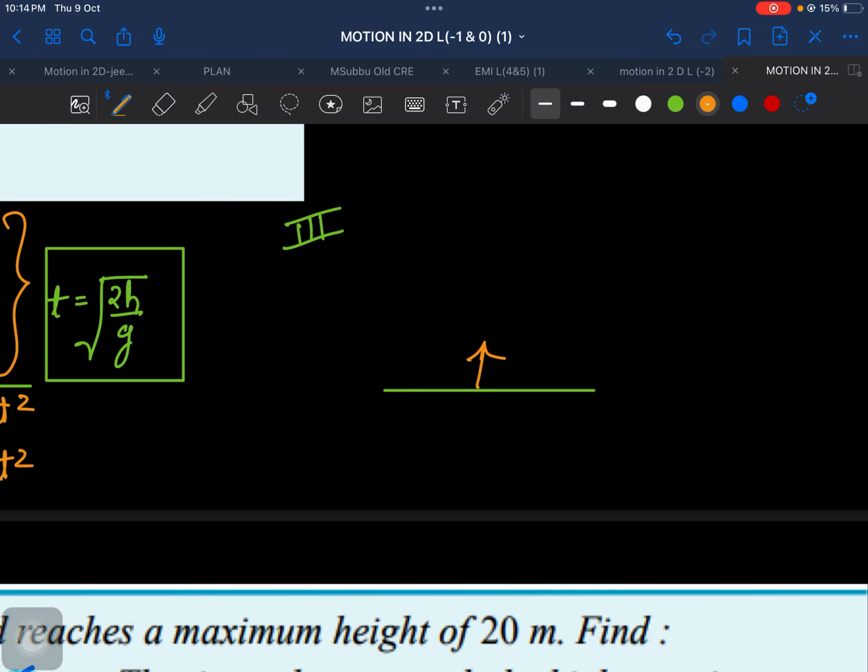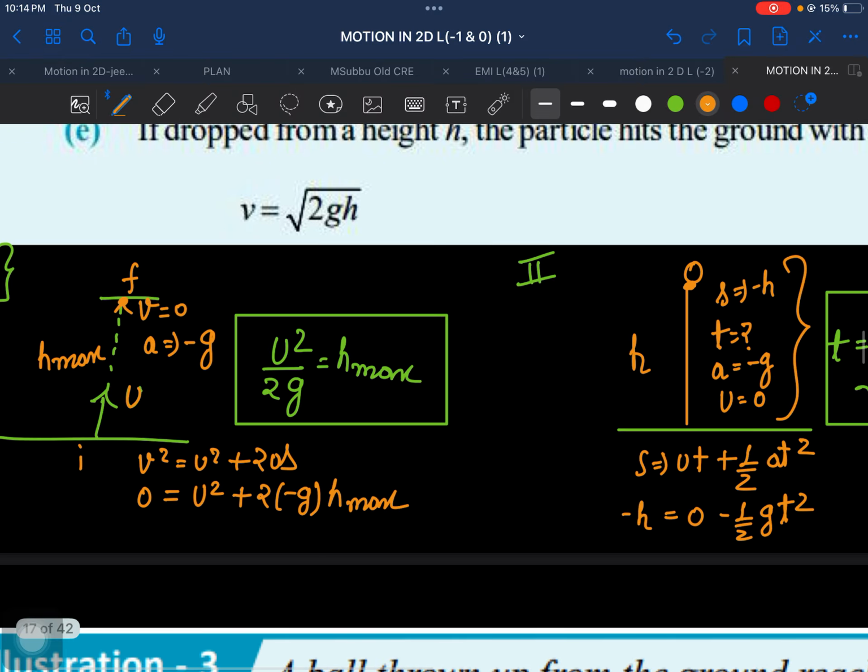In this case we found the maximum height, so now the time when this ball will reach the maximum height. Initial velocity is u, final velocity is 0, acceleration we know, so we use the first equation of motion: v equals u plus at. So 0 equals u minus gt, so t is equal to u by g.